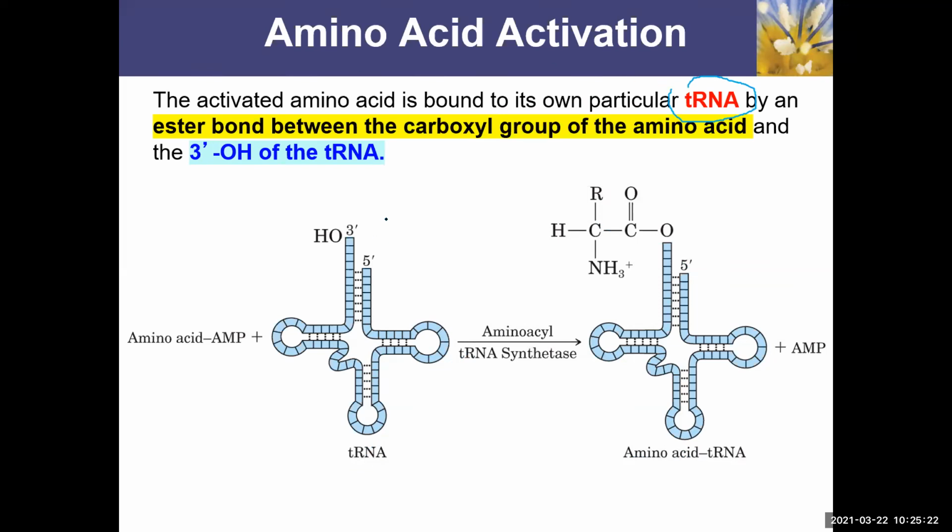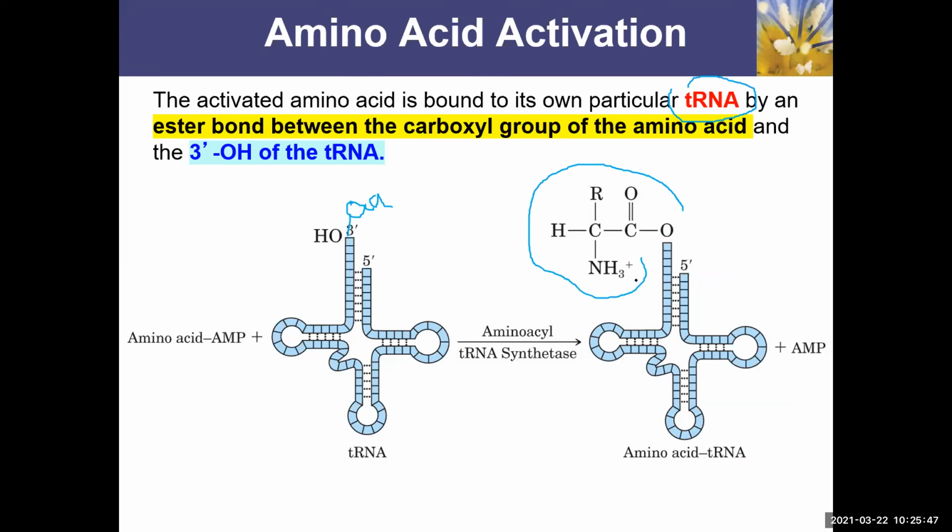So what is the activation of amino acid? It's simply that the amino acid will go, as you can see over here, and bind. This is the place where the amino acid is going to bind: the 3' free OH group, the hydroxyl group of the tRNA. And we will have an ester bond over here.